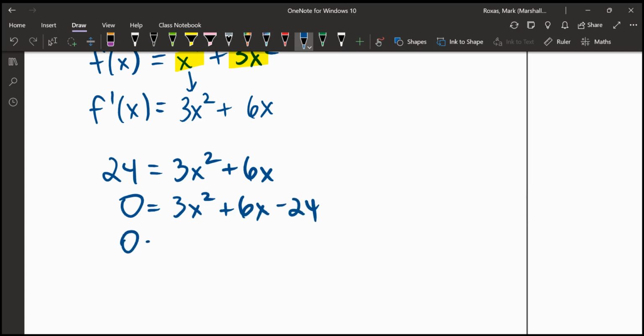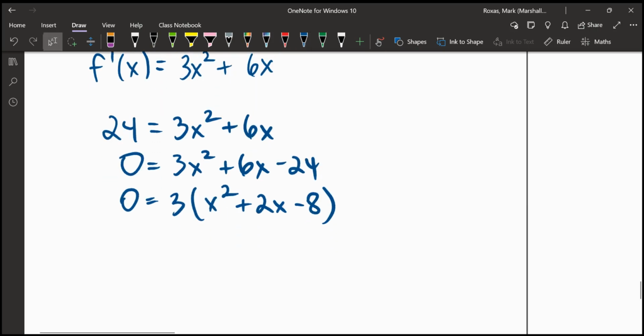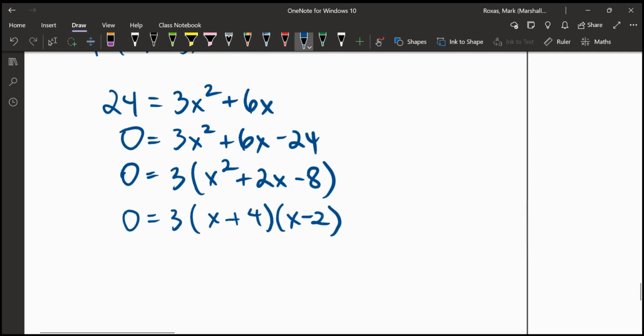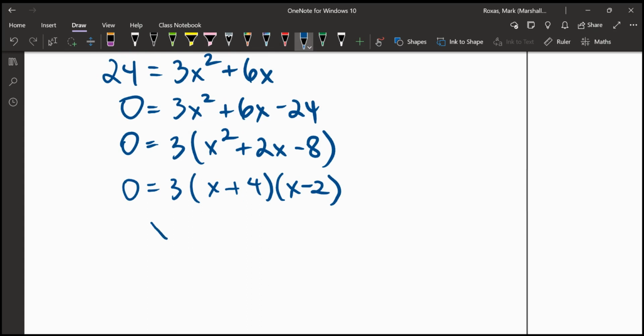Solve this. Can I factor out something? Yes, I can factor out a 3. So 3 times x squared plus 2x minus 8. Is x squared plus 2x minus 8 factorable? It is. So 0 equals 3 times x plus 4 times x minus 2. And so I have two solutions: x equals negative 4 and x equals 2.